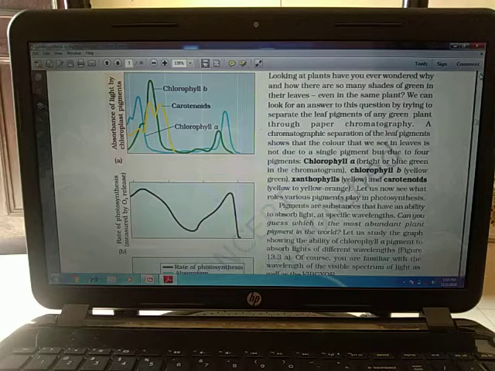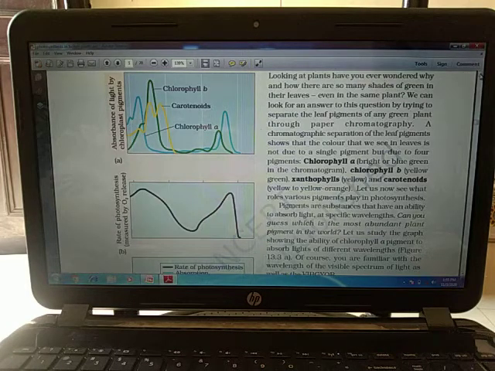The yellowish color of autumnal foliage: in autumn you might have seen the leaves turn yellowish, and that is due to lutein. The characteristic xanthophyll of brown algae is fucoxanthin, with the formula C40H56O6.